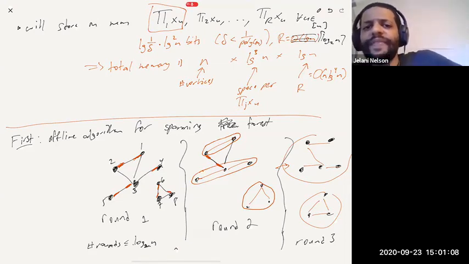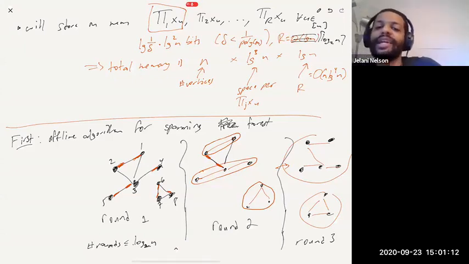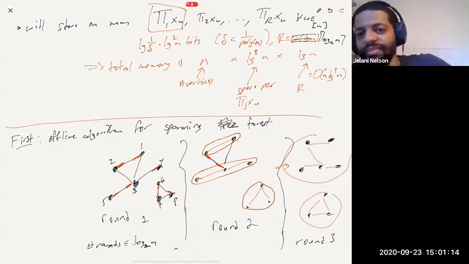But anyway, the point is, if I could get away with only having one pi and not having R pi's, I would actually get an n log squared n algorithm. And that violates a lower bound. Remember, I told you that we have a lower bound saying you actually need n log cubed n bits of memory to solve this problem. There's a provable lower bound. So you might look at this argument and say, oh, that's just some technicality that Jelani needs to perform to make the analysis go through.